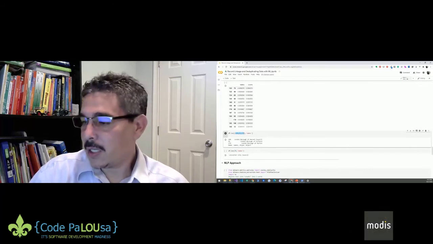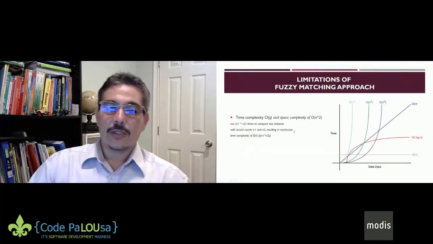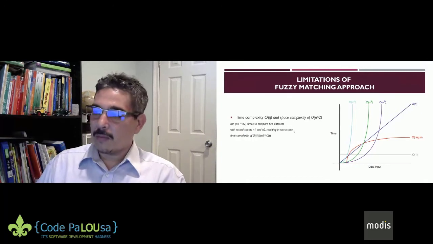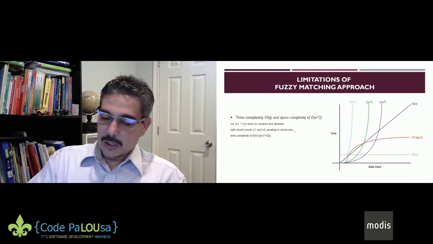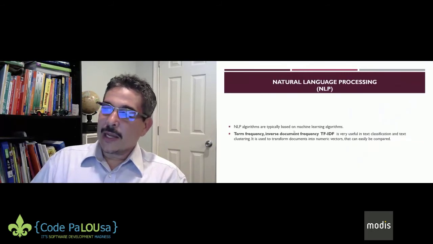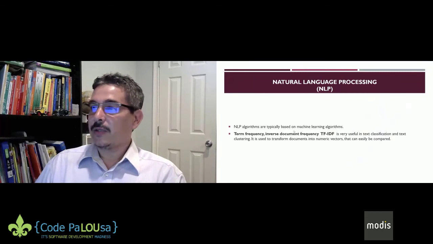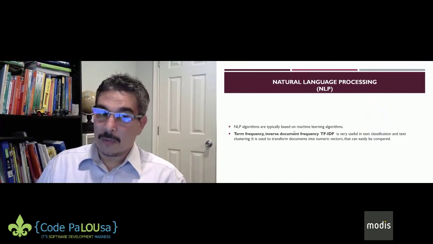Okay, so this is the problem of fuzzy matching. So now, how do we solve this problem and overcome the problem of the fuzzy matching approach? We know that we are looking at words. We're looking at text. So this is one of the machine learning problems.